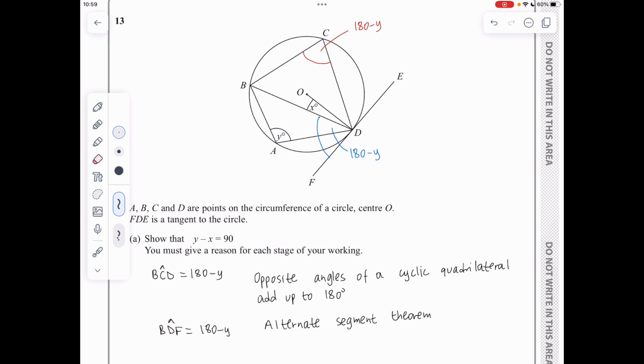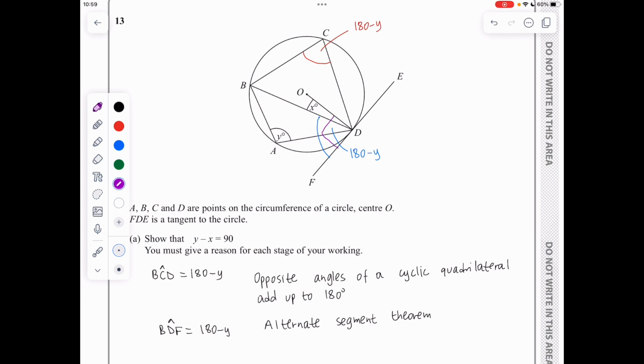We then proceed into saying that the 180 minus y and the x should be adding up to 90 degrees because this is an angle between the tangent and the radius at the point of contact. So this here should be a right angle.